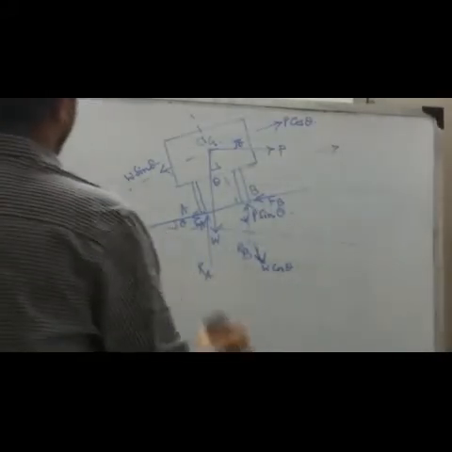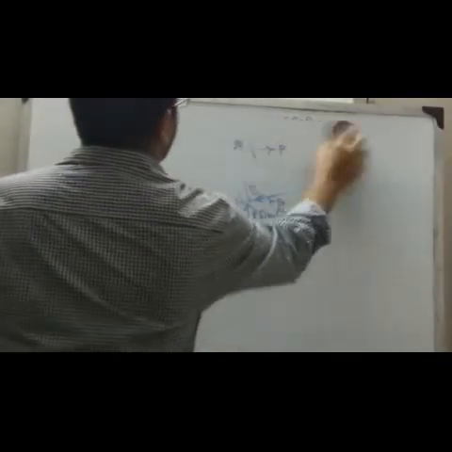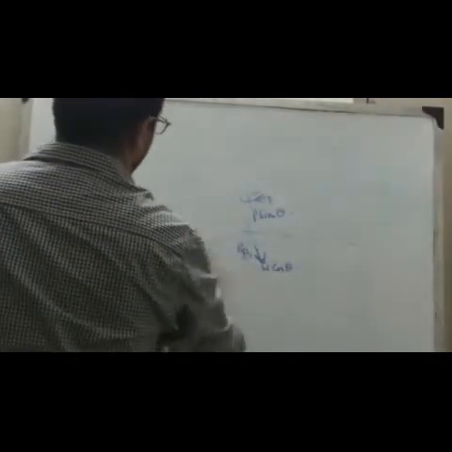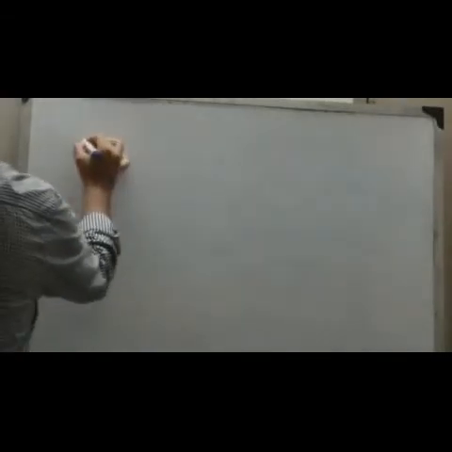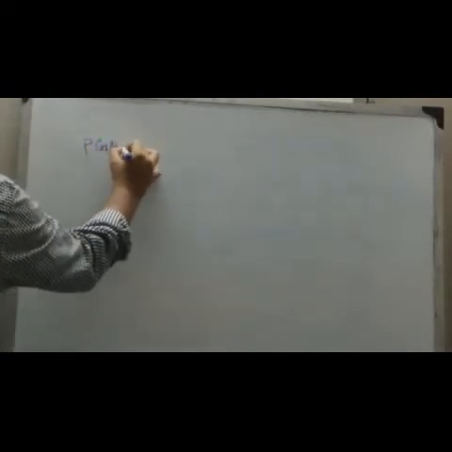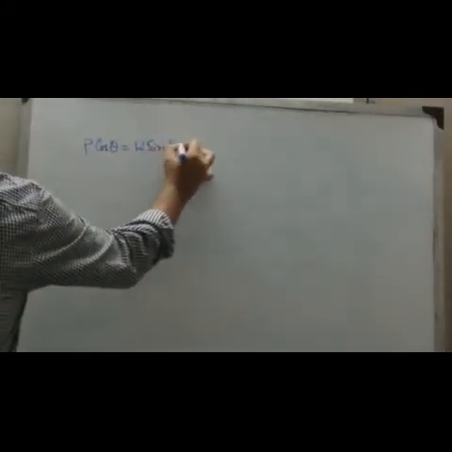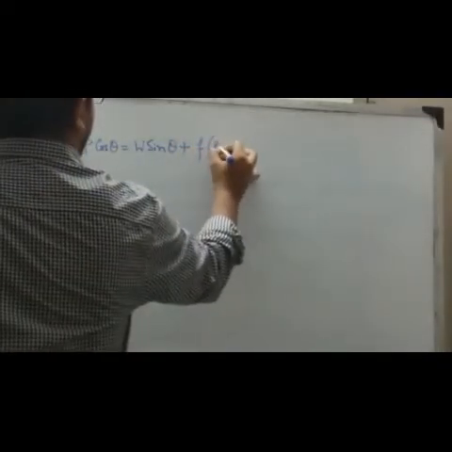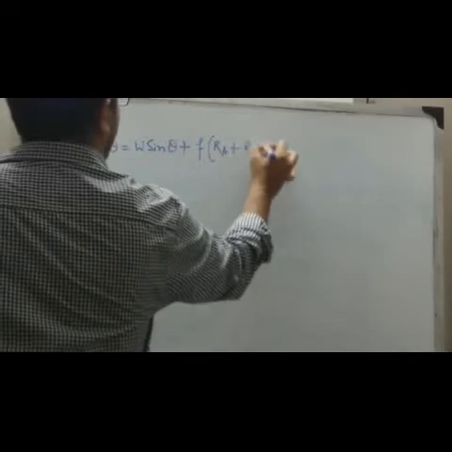In the analysis portion, you can write down for the first component, P cos theta, which is equal to W sin theta plus the frictional force F times RA plus RB.